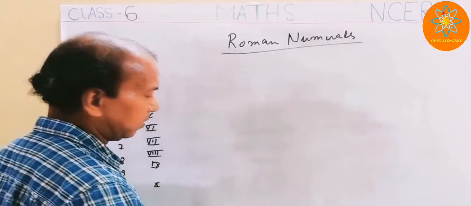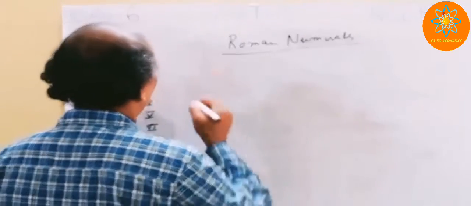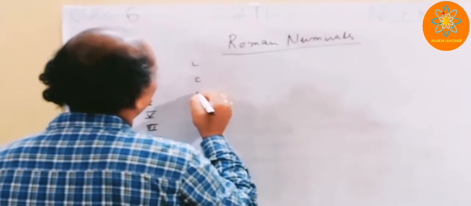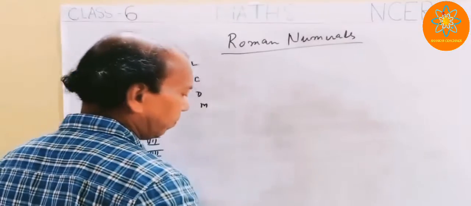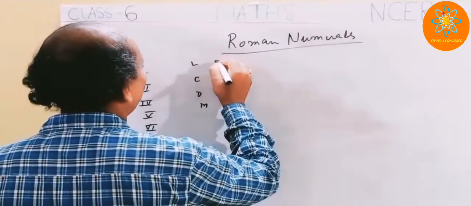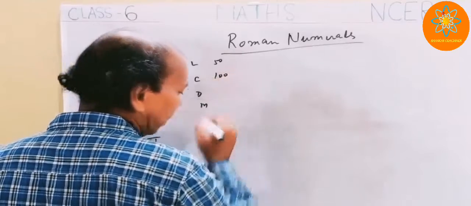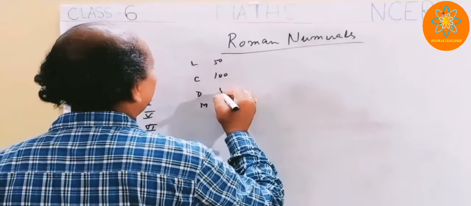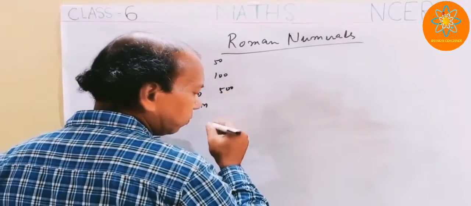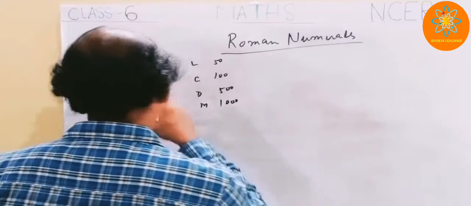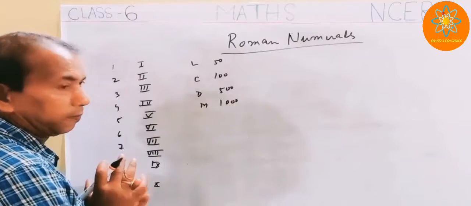Besides this, we have other symbols also: L is for 50, C is for 100, D is for 500, and M is for 1000. In this way, we can write any number.